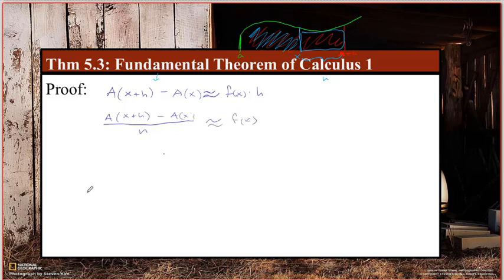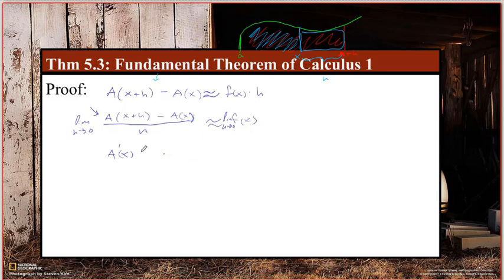Now if I throw a limit as h goes to 0 on both sides, we'll notice the top here goes to A of x minus A of x, which is 0, and the bottom also, of course, goes to 0. But really what you should notice is that this is the definition of A prime of x.